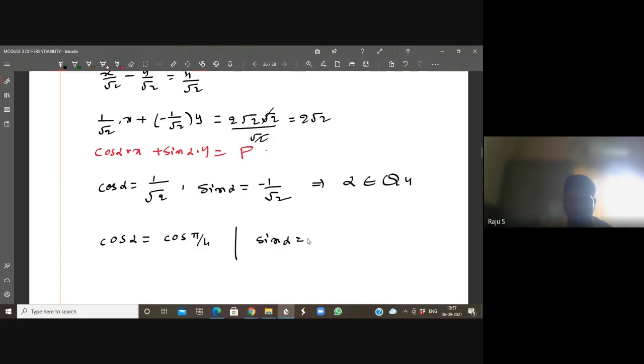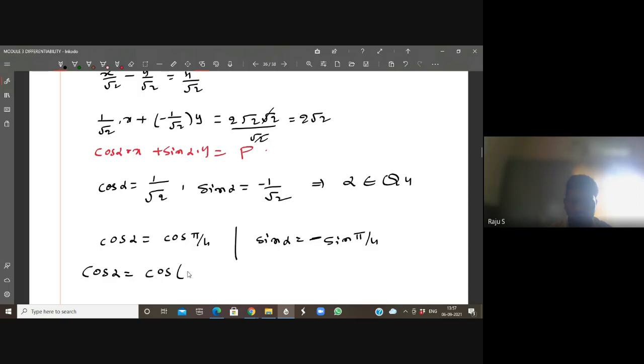Otherwise you may get confusion. Sin alpha is equal to minus sin pi by 4. 1 by root 2 means cos 45, sin 45 are both 1 by root 2. But in the fourth quadrant, alpha should be common, the same in both sin and cos.